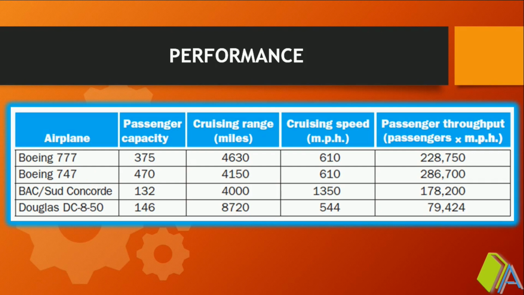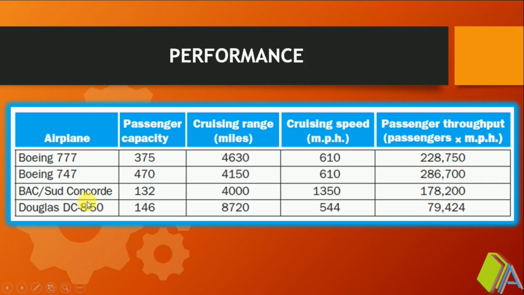Let us suppose we define performance in terms of speed. This still leaves two possible definitions. You could define the fast plane as the one with the highest cruising speed, taking a single passenger from one point to another in the least time.